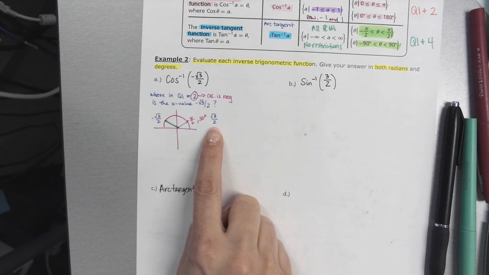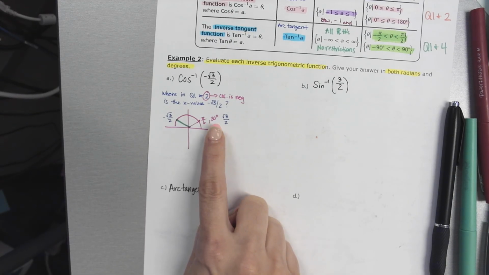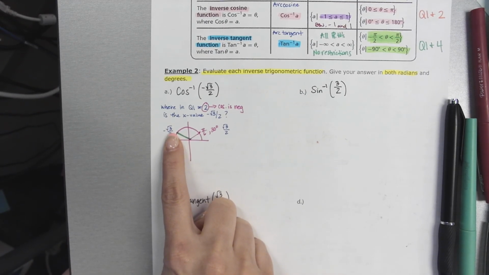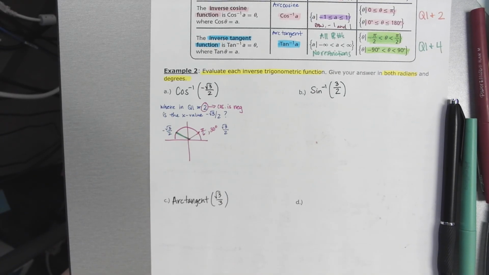We know this is where it is in quadrant 1 because we drew it out and we could see root 3 over 2. You guys with me on that? I am, yeah. Okay. And then everything else is just a reflection. So if I reflect that point in quadrant 2, because cosine's in 1 or 2, then all I have to do is find what this is in radians and degrees.